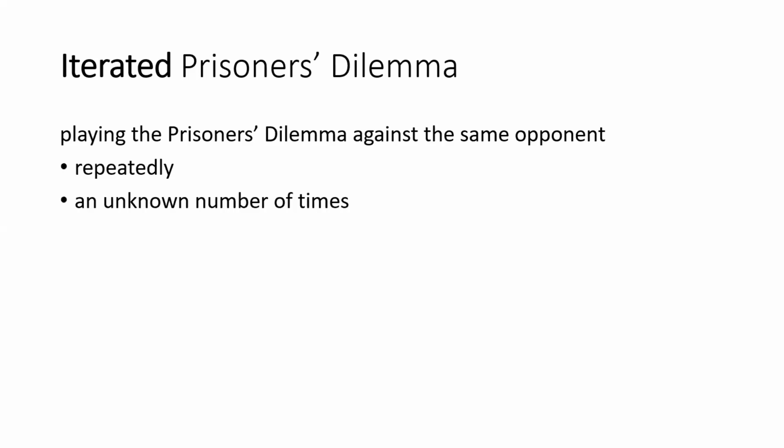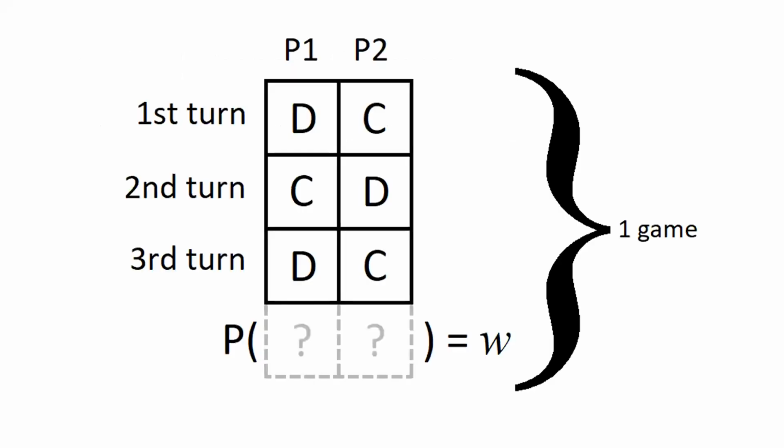Basically what it allows for is for you to play as long as it goes. Just to help you, if you see my mouse, you can see that it plays over and over again.